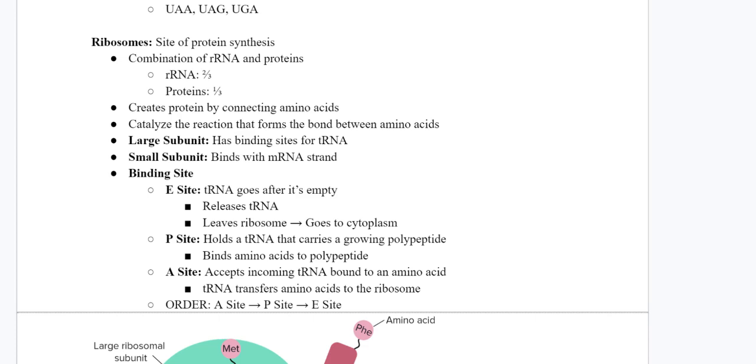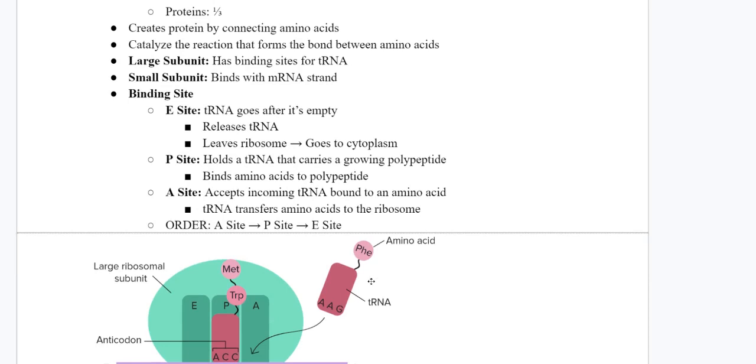But in the ribosome, the RNA is the majority. So around 2/3 of the ribosome is made out of rRNA, while only 1/3 is made out of protein. And like I said before, the way it makes protein is by connecting amino acids together. And so, 20 types of amino acids that are connected together make one protein.